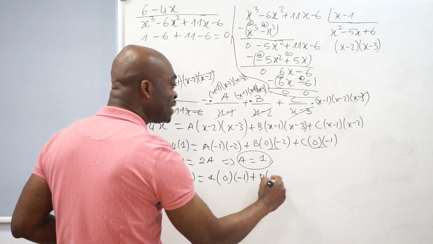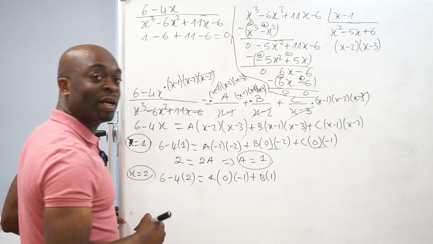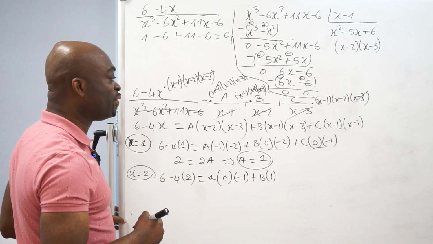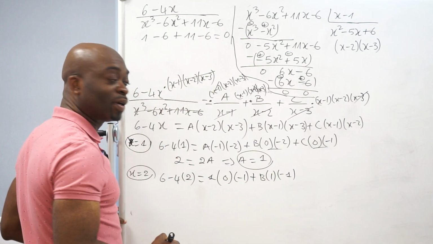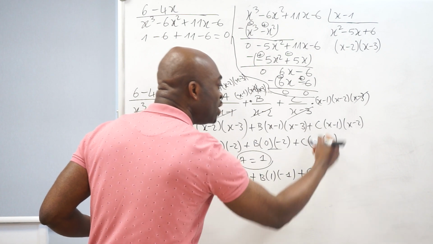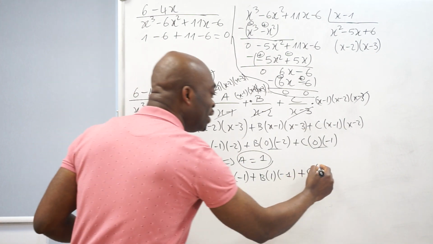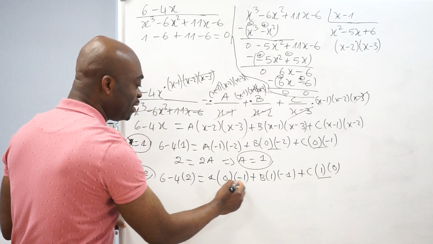Plus b times 2 minus 1 is 1, 2 minus 3 is negative 1. Okay? And then this one here is c times 2 minus 1 is 1, and then 2 minus 2, which is 0. So this is 0, this is 0.